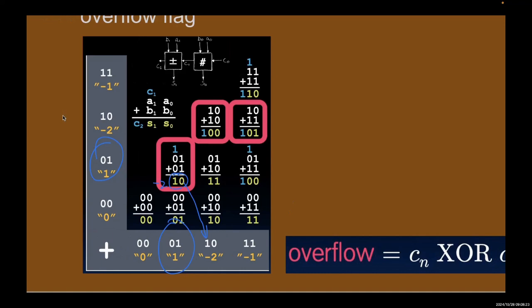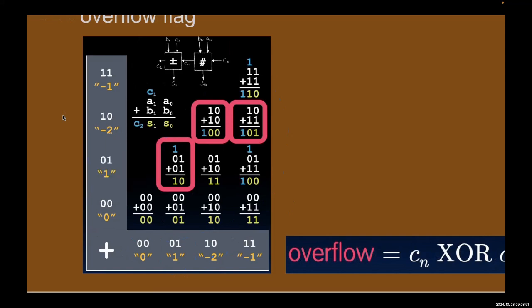So the result is wrong, and we mark it red. And for this, 1 plus -2 is -1. We can work out all of these and find that these two are wrong.